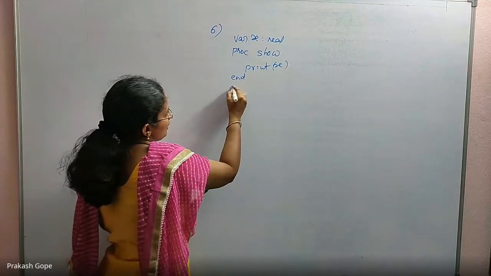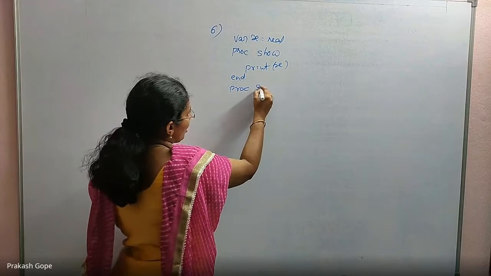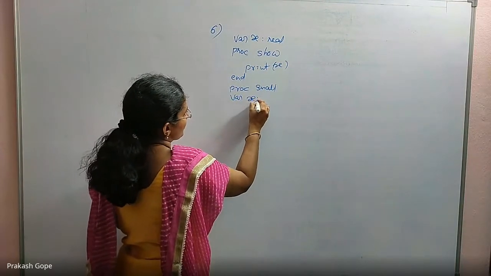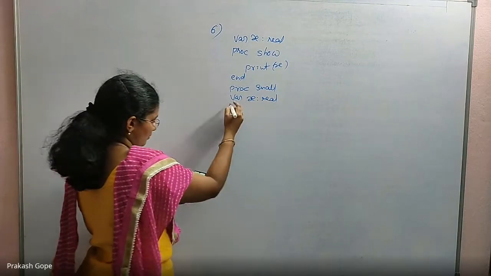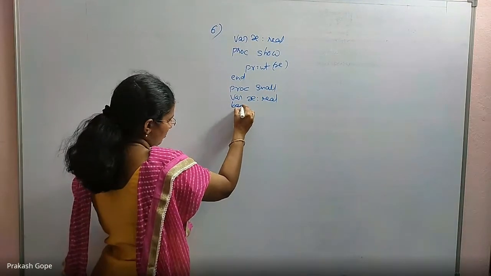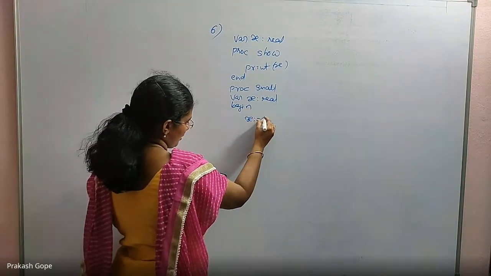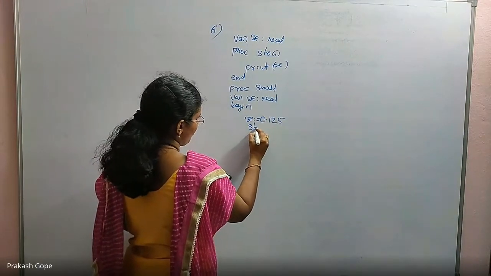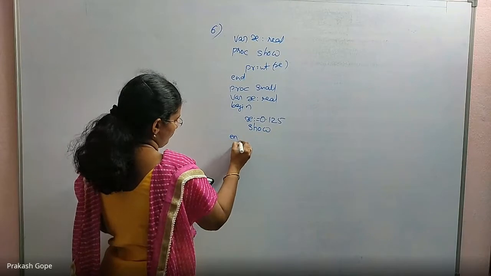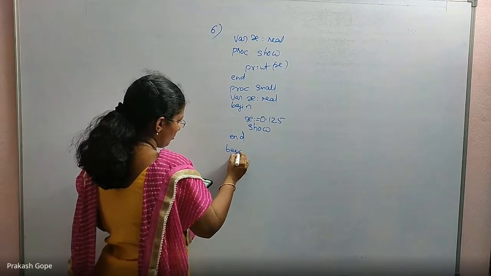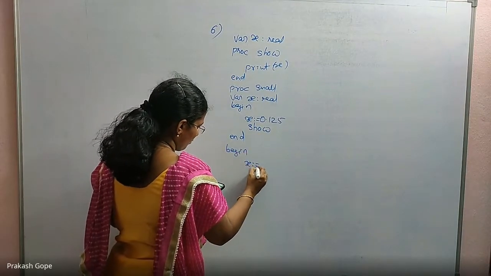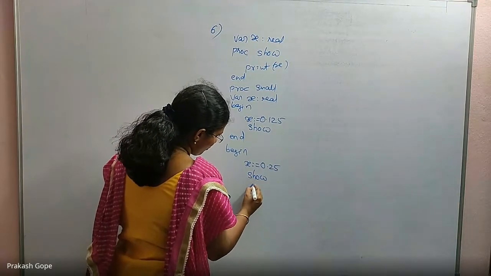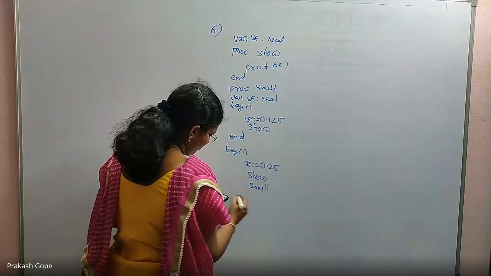Then there is a procedure small, in which there is a locally declared variable x, real. The statements are x equal to 0.125, call show. Then the main program begin, x equal to 0.25, call show and small.